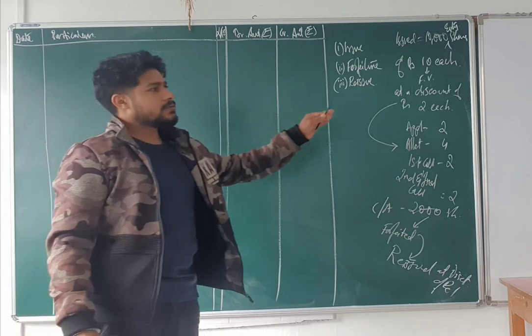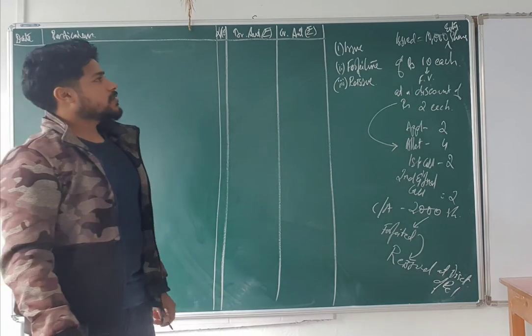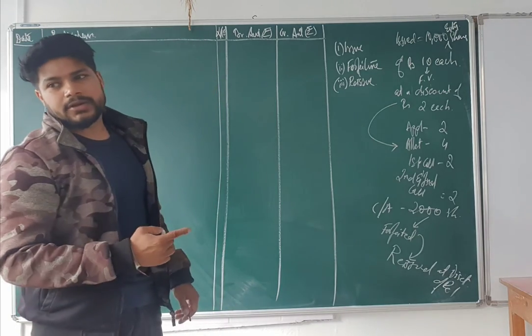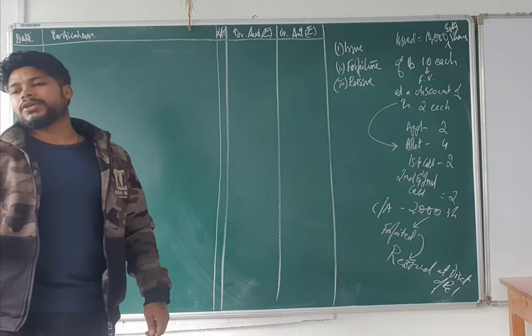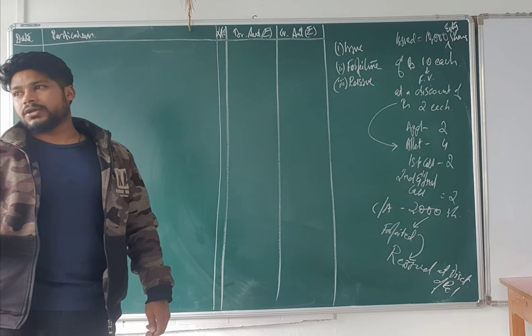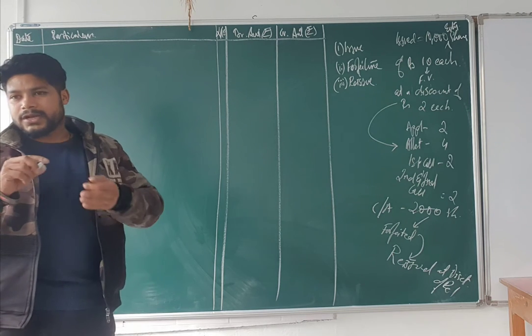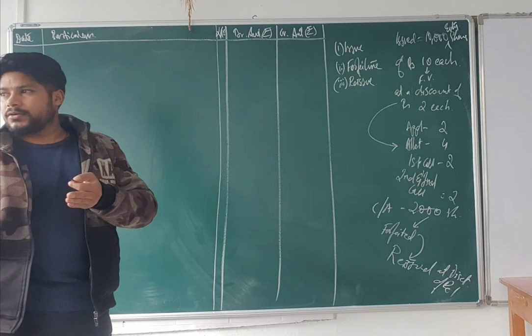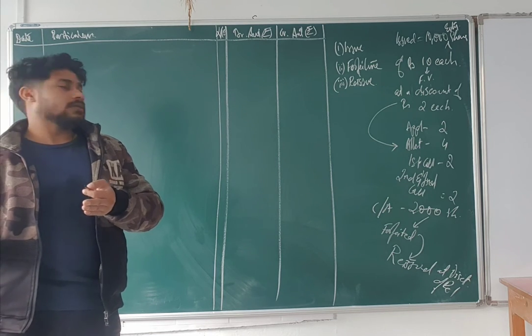Now, from the question, we have the number of shares 10,000. And remember the word equity is there. Please mention the word equity wherever you write share. Whenever you're writing share, before writing share, you have to write the word equity. Don't forget about it.